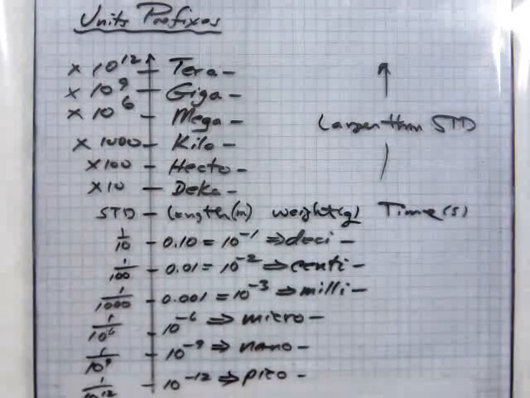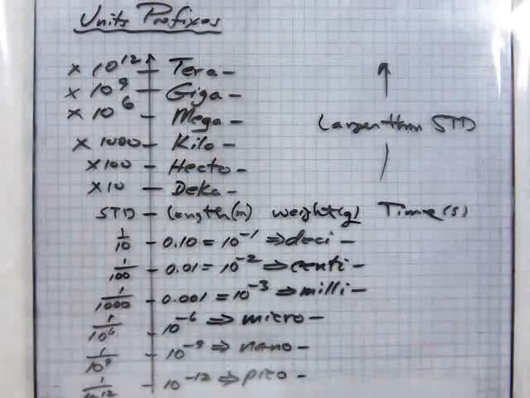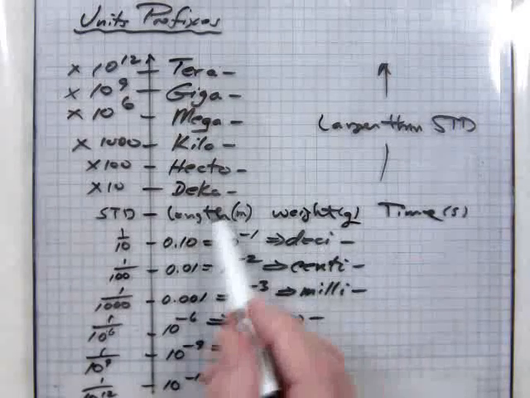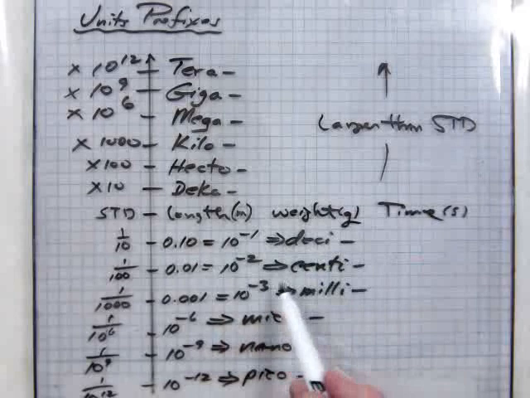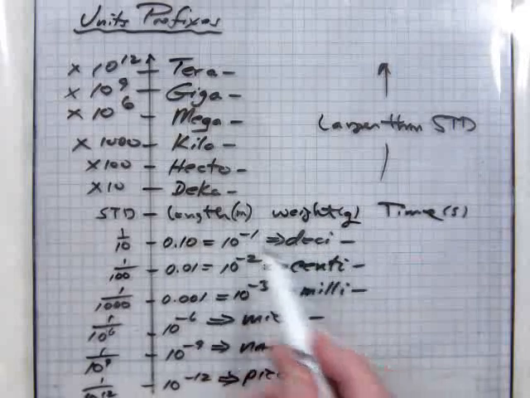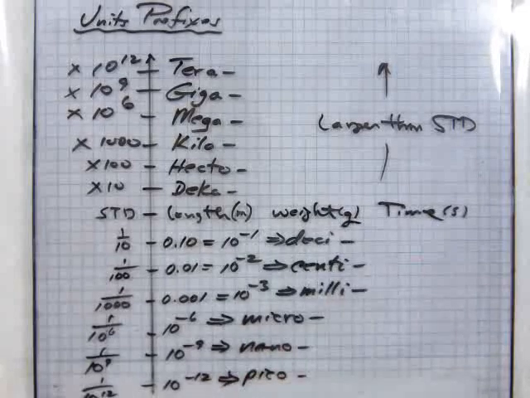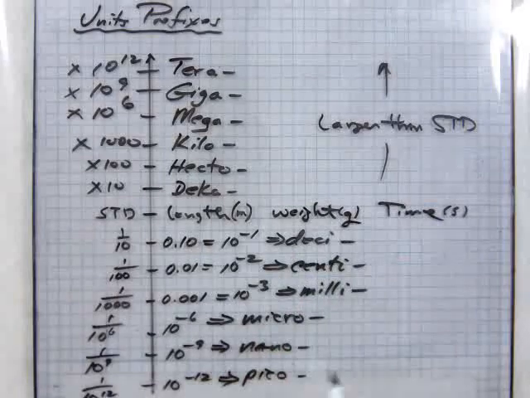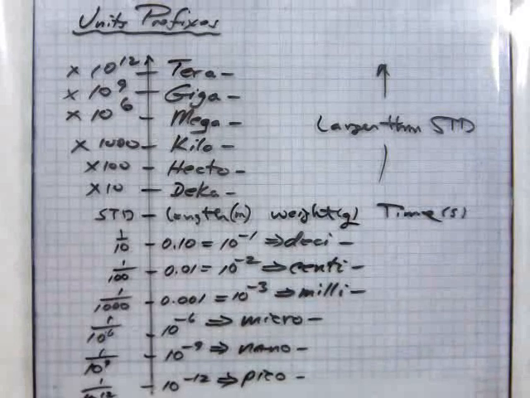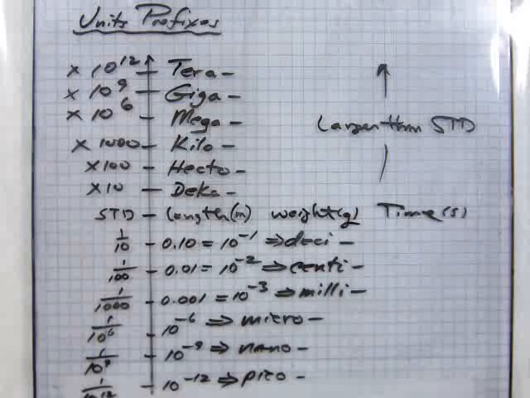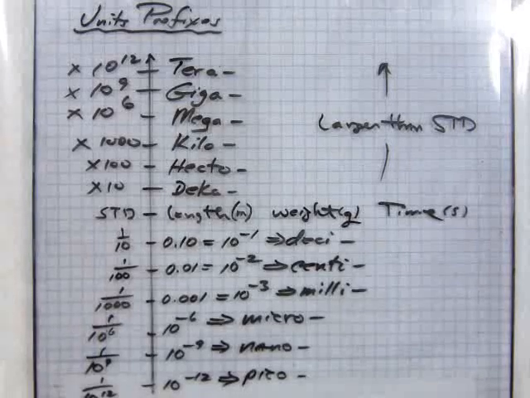So there are your prefixes that define fractions of the standard. 1/10 of a meter would be a decimeter, or 1/100th of a gram would be a centigram, or 1,000th of a second would be a millisecond. And so those are simply applied, and they're used as a descriptive element of the dimensional size.